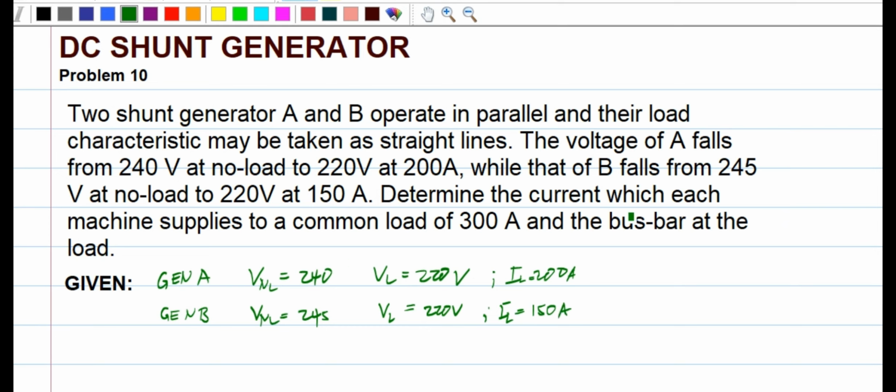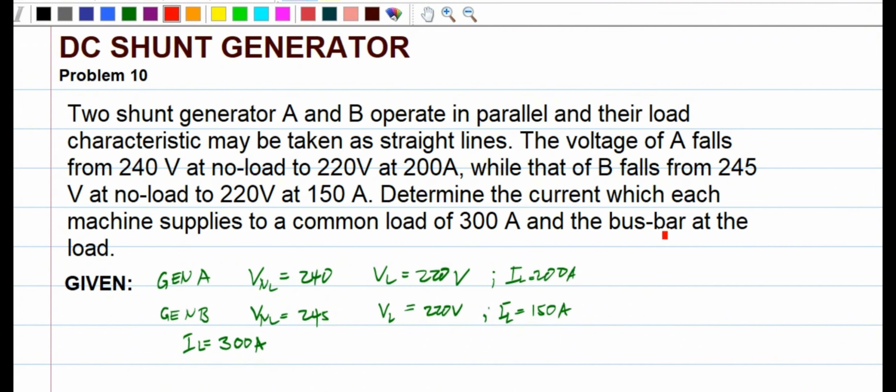Determine the current which each machine supplies to a common load of IL total of 300 amperes.